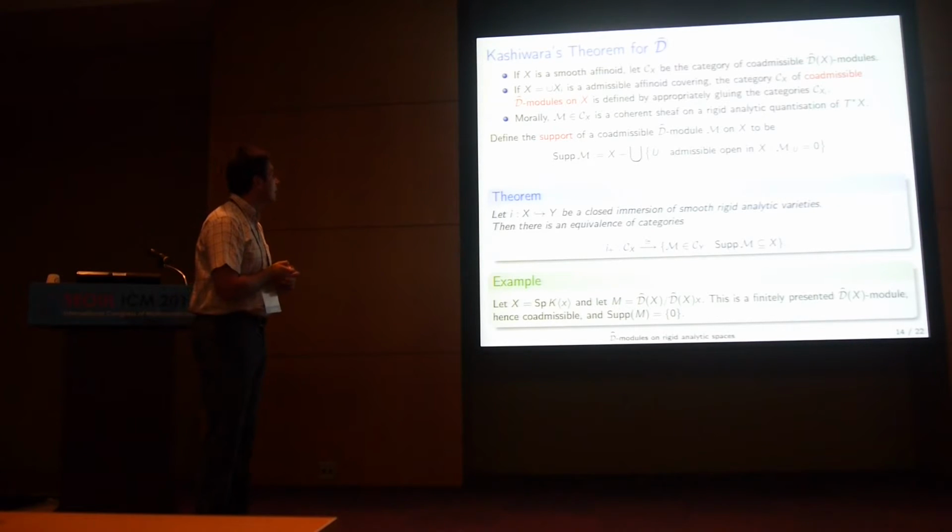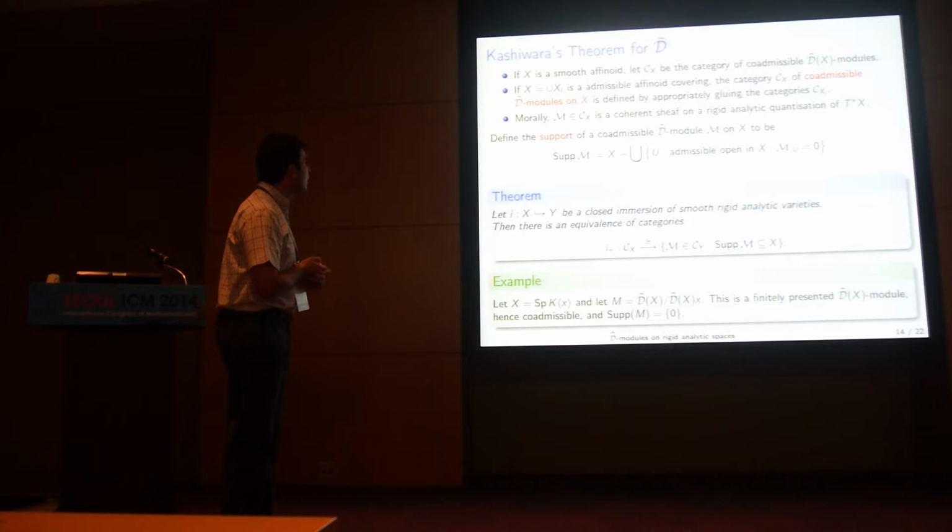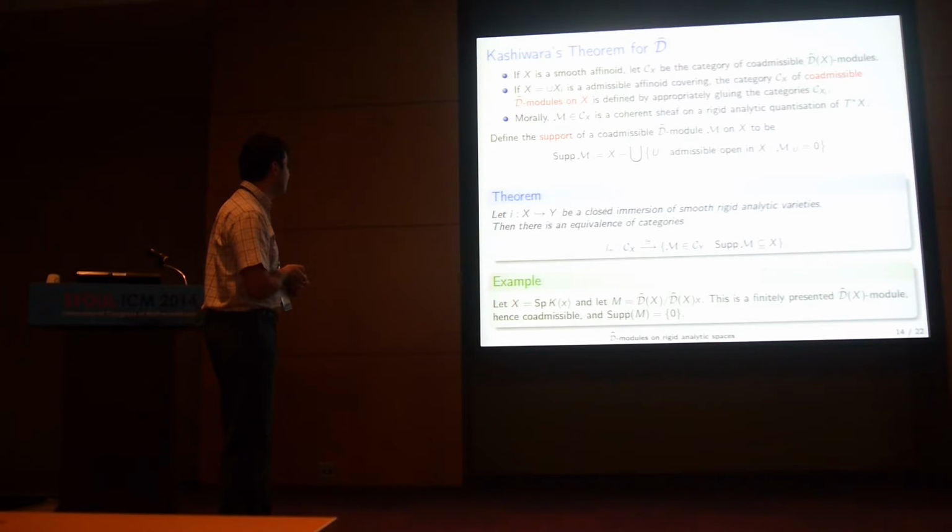So whenever you have a closed, smooth subvariety X of something smooth Y, then Dhat modules on Y with support contained in X are canonically equivalent to Dhat modules on X. For example, take the big space to be the closed disk, and you could take the point 0 inside the closed disk.